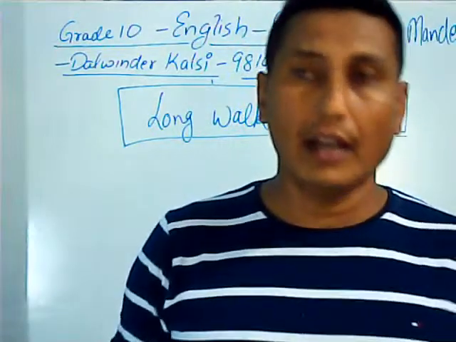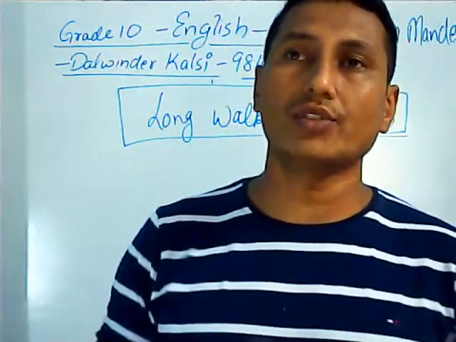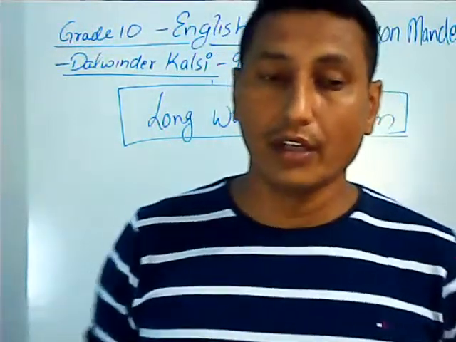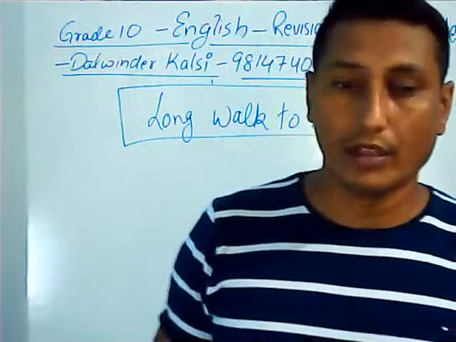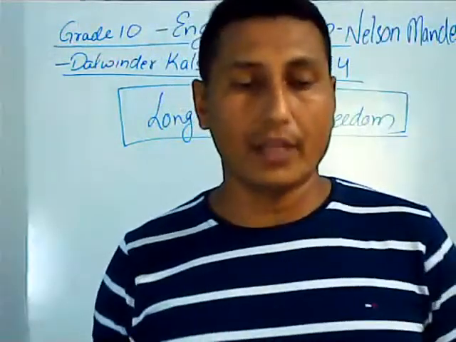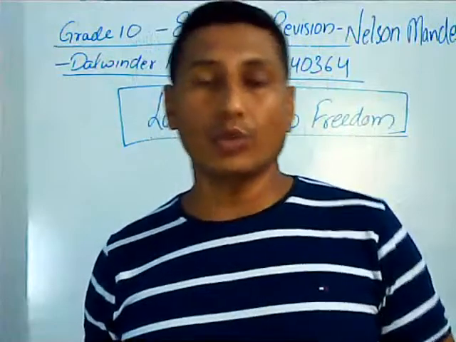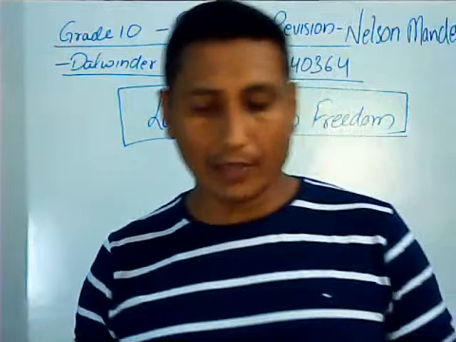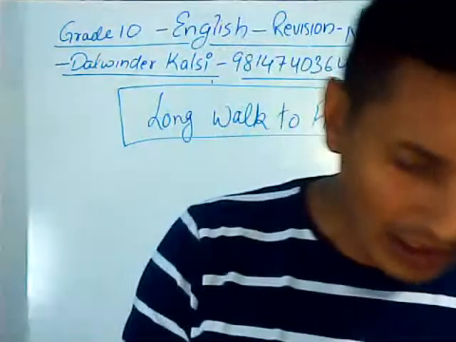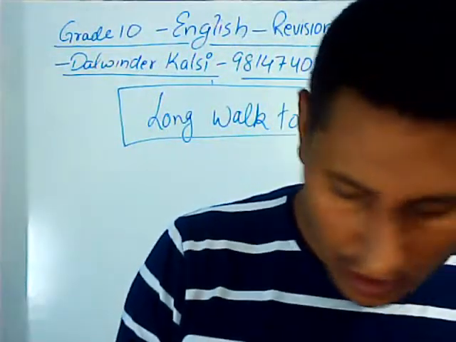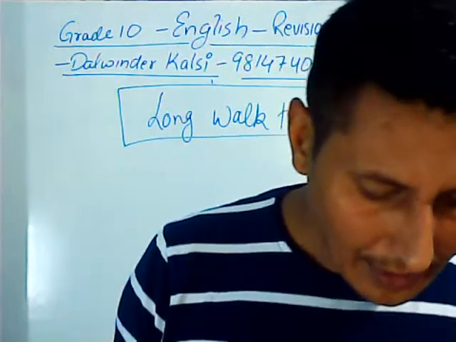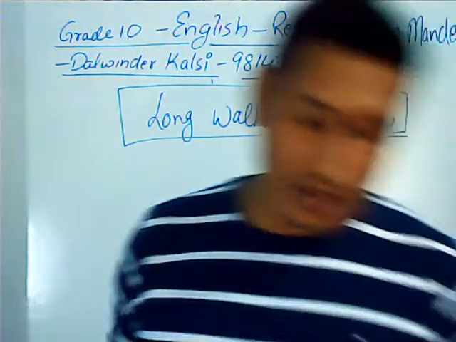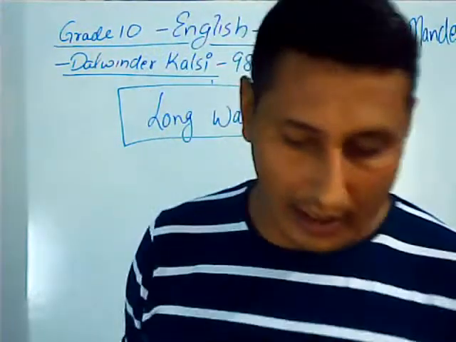Nelson Mandela spent 30 years of his life in imprisonment. And why was it so? It was due to the struggle for freedom. Now, if you see on page number 16, there is also a BBC newspaper report mentioned here.